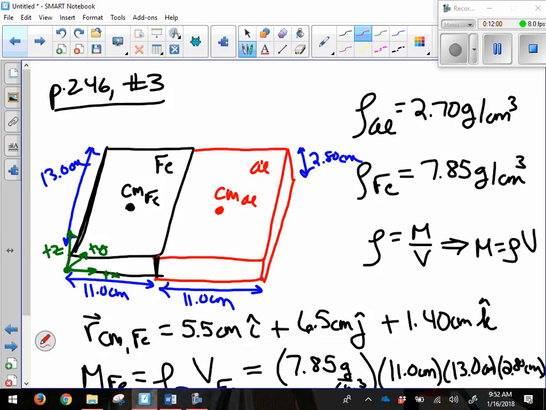Really? It might be 5.5 from here. Right, because if I'm measuring my center of mass from my origin all the way over here, there's a whole 11 centimeters that I have to add.